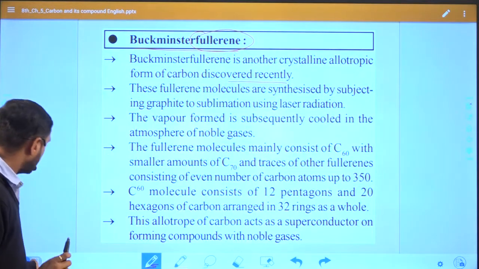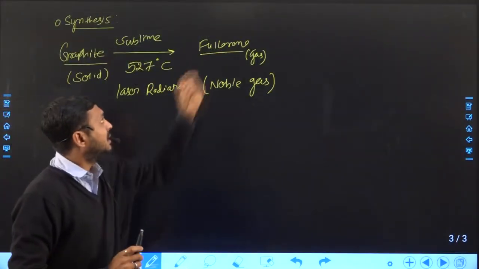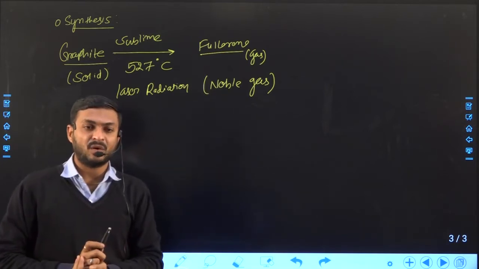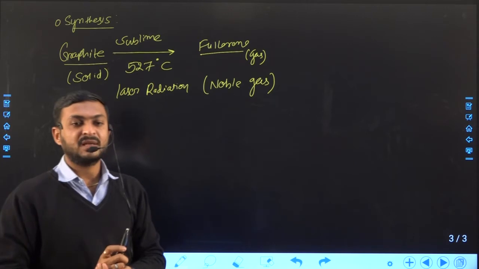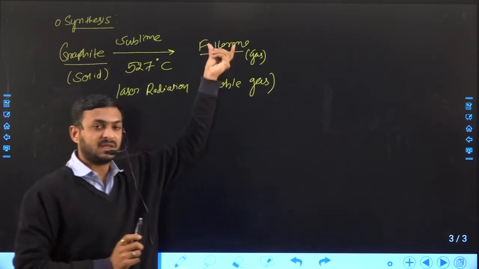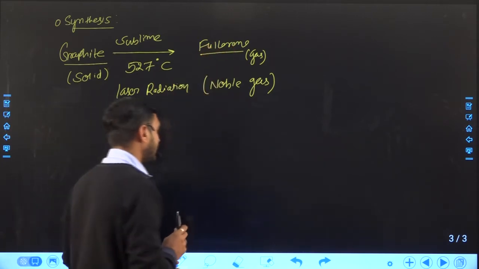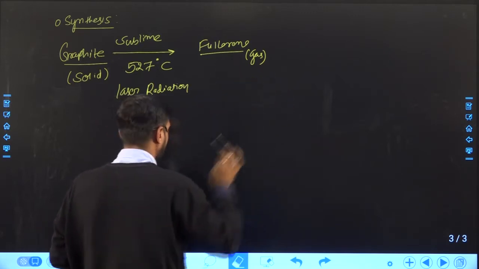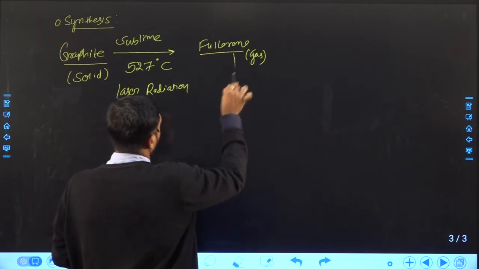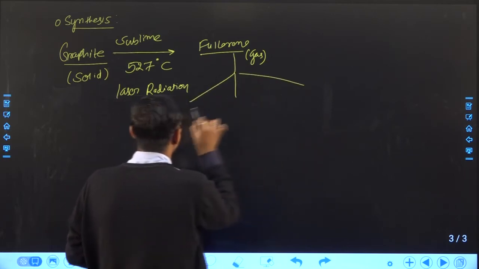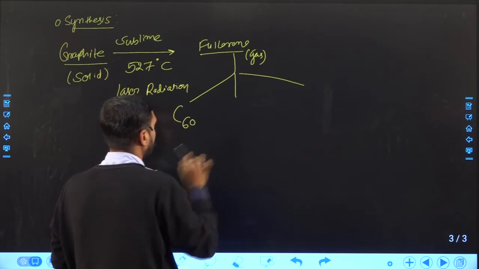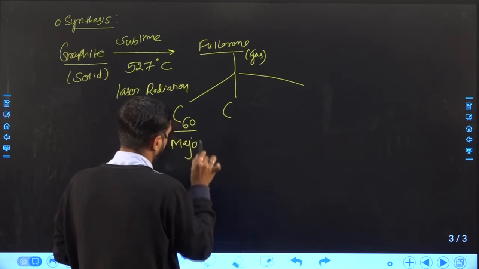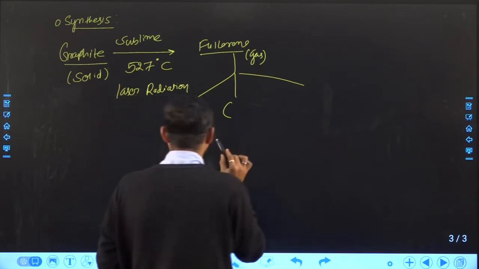Now after formation of fullerene, fullerene has different numbers of carbon, and based on that we make the structure of fullerene. Suppose fullerene contains C60 carbon in major form, meaning the majority is C60.